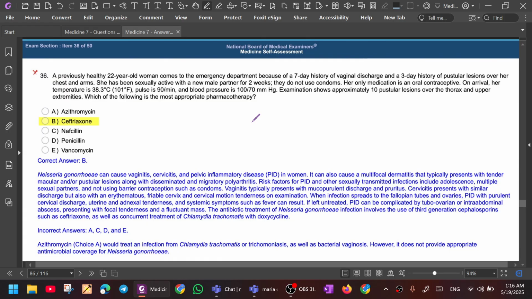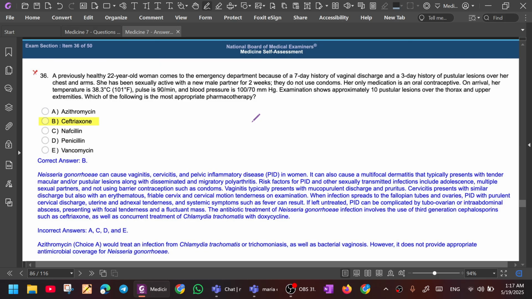Neisseria gonorrhoeae can cause vaginitis, cervicitis, and pelvic inflammatory disease. It can cause multifocal dermatitis that typically presents with tender macular or pustular lesions, along with disseminated and migratory polyarthritis.